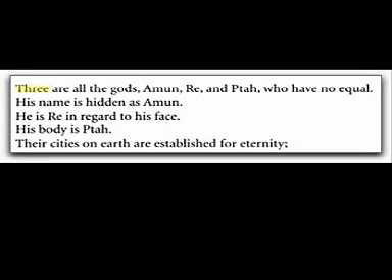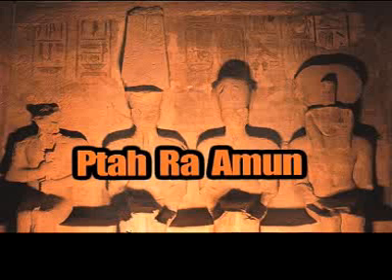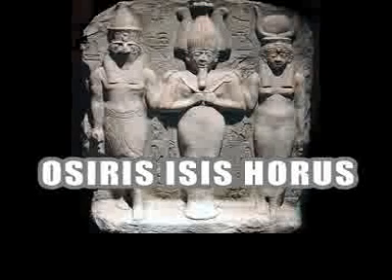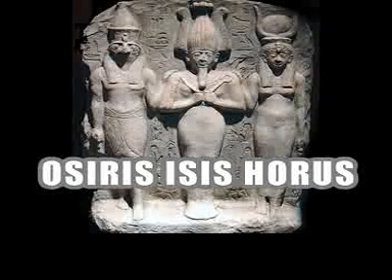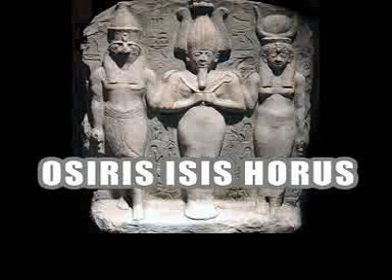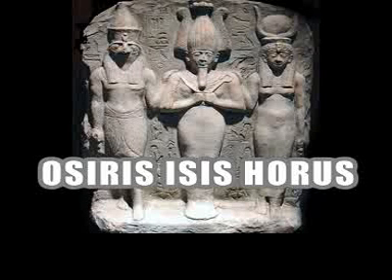And number 2, their cities on earth are established for eternity. As I told you earlier, Ta, Ra, and Amen became assimilated into Osiris, Isis, and Horus, 2 male pagan deities and 1 female pagan deity. So it is Osiris, Isis, and Horus whose cities on earth will be established for eternity.